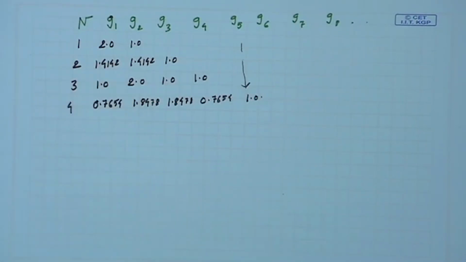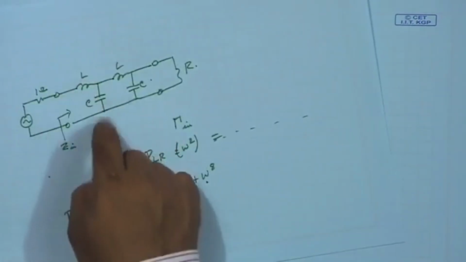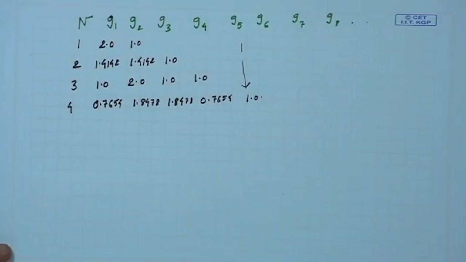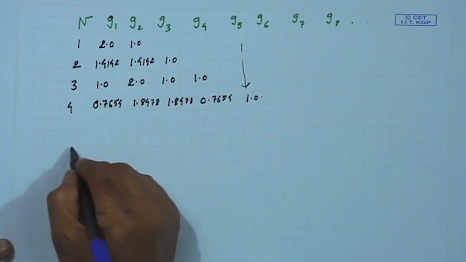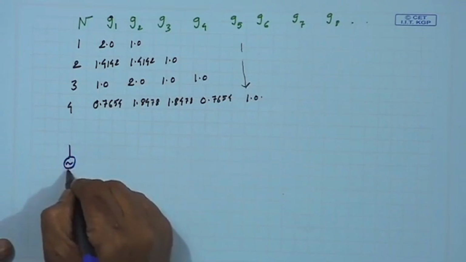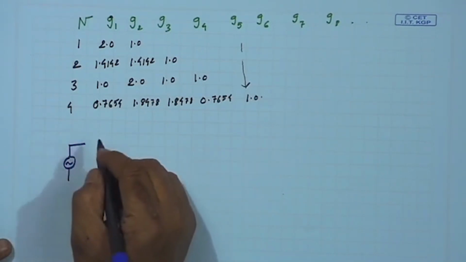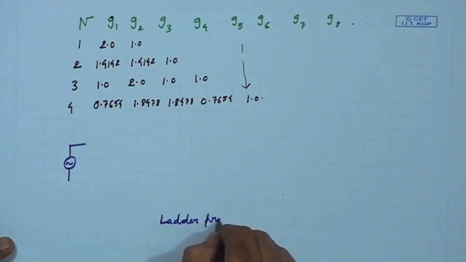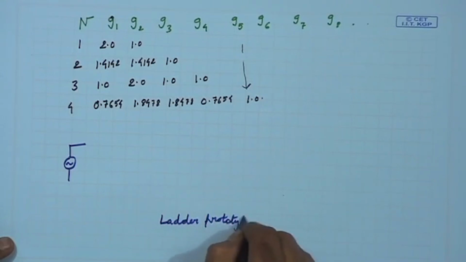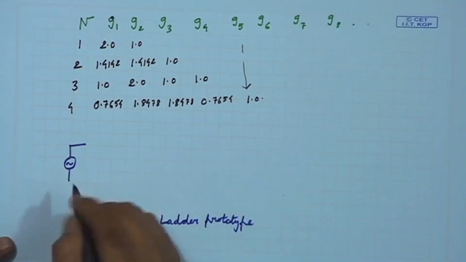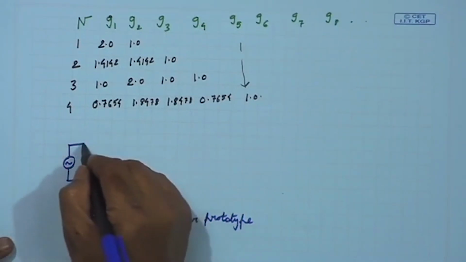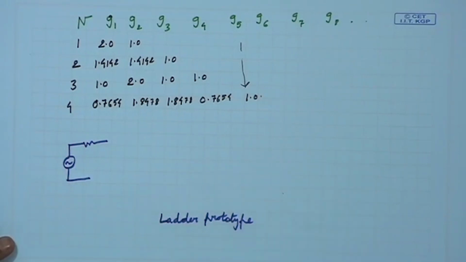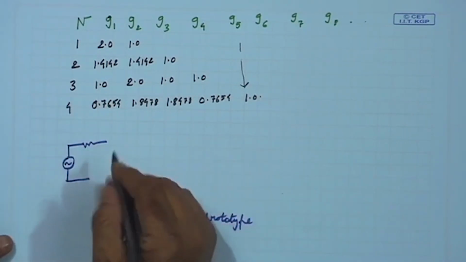Now, you see that when I drew it was L, C, R, but here these are G 1, G 2, G 3 etc. So, how to interpret that? So, the concept is this, that this is called ladder prototype. You have seen in any synthesis problem you have this type of prototype, because this is your reference, with reference to this you design.